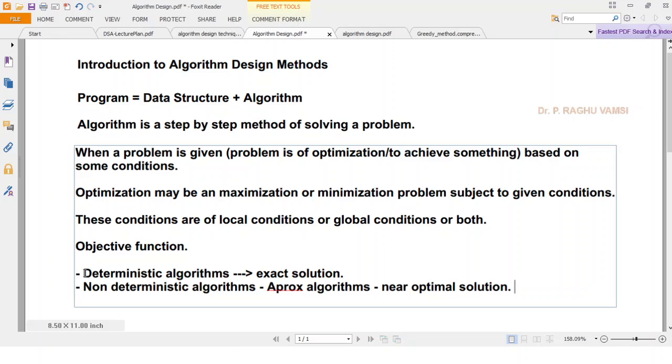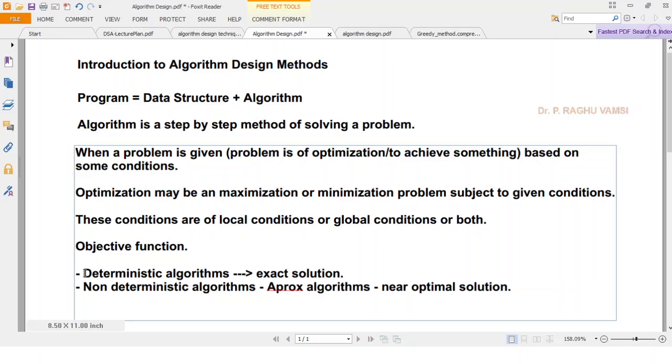You don't know how a particular input will be taken or how things will be processed, so some non-determinism comes into the picture. Such non-deterministic problems cannot be given a perfect solution. To solve them, we use approximation algorithms, which give us a near optimal solution.